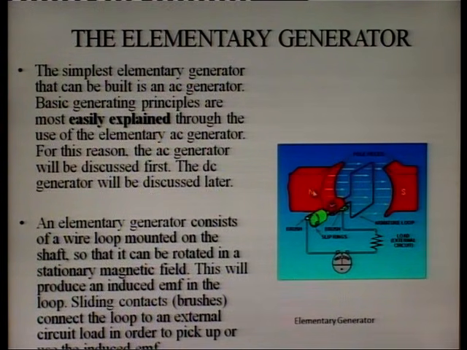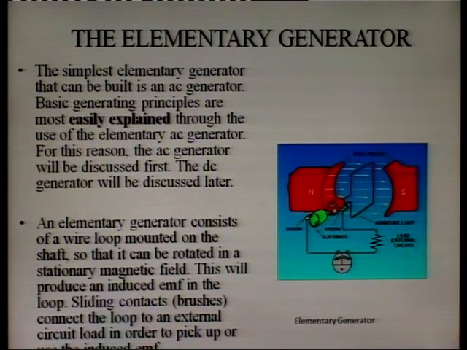Flux flows from north toward south. In between the magnetic lines of force, an elementary coil is placed, and whenever this coil cuts the magnetic lines of force, an EMF is induced and current will flow through the resistor.